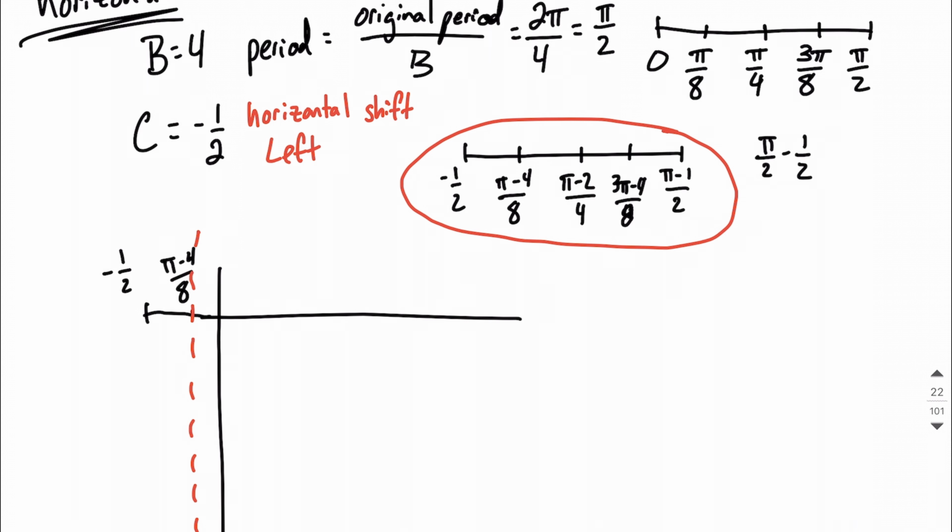All right, next value is pi minus 2 over 4. All right, at that next one, we're going to get 3 pi minus 4 all divided by 8, and that's going to correspond with a vertical asymptote again. And then we're going to finish up on that last label. And I know these aren't maybe as evenly spaced as what we'd like, but pi minus 1 over 2.